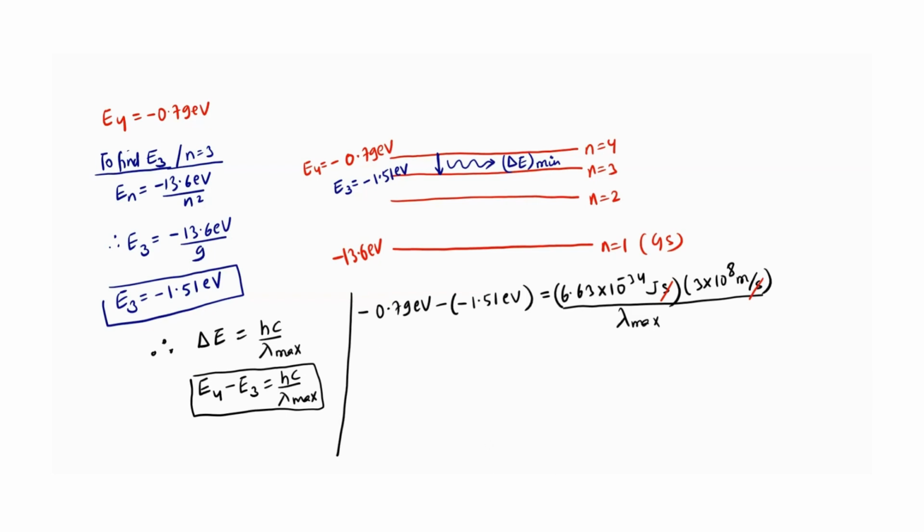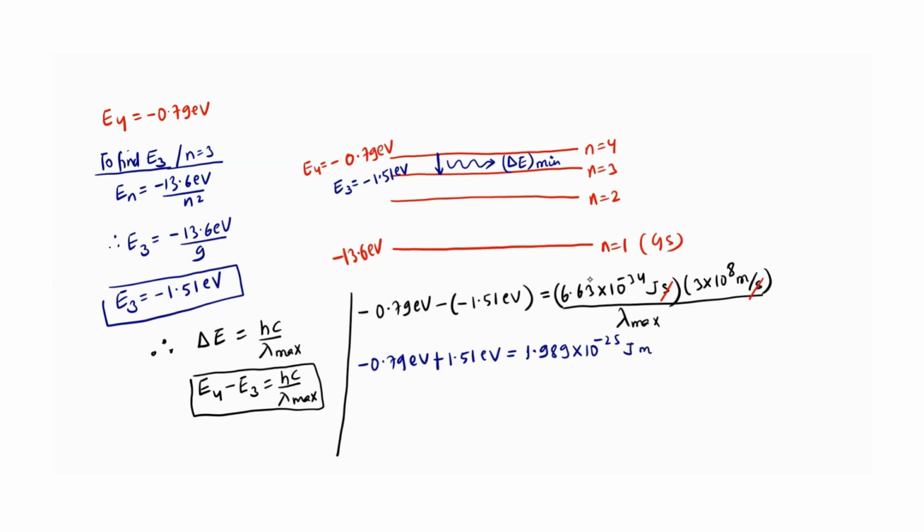Now let us simplify. So we get minus 0.79 electron volt plus 1.51 electron volt equals, now when we find this product, we get 1.989 times 10 power minus 25 joule meter.